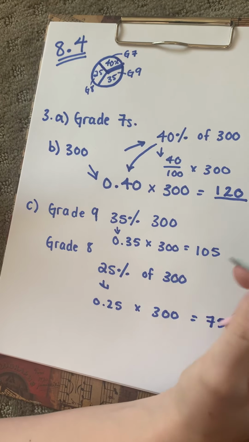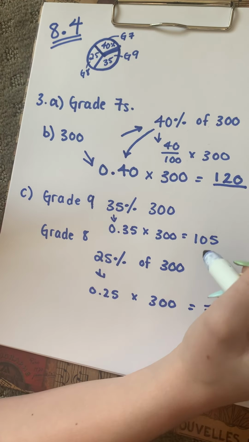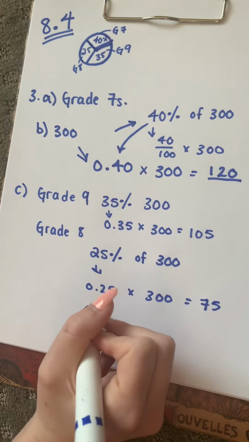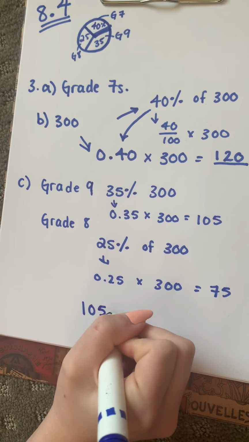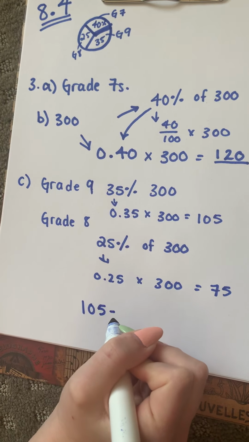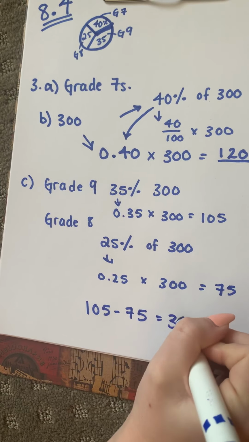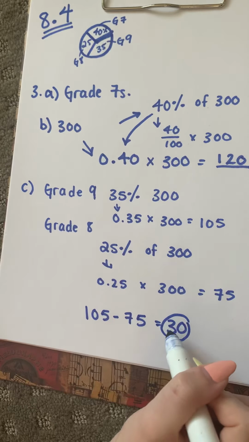Now, I'm almost done question C, but it asks me how many more grade 9 students than grade 8 students. That tells me that they want a subtraction equation. So they want me to go 105 subtract 75 to find out that there were 30 more grade 9 students than there were grade 8s.